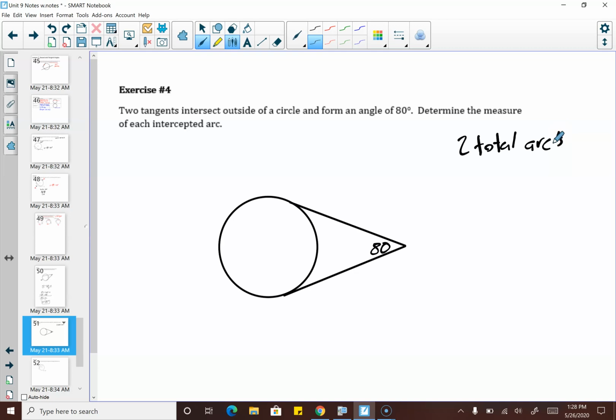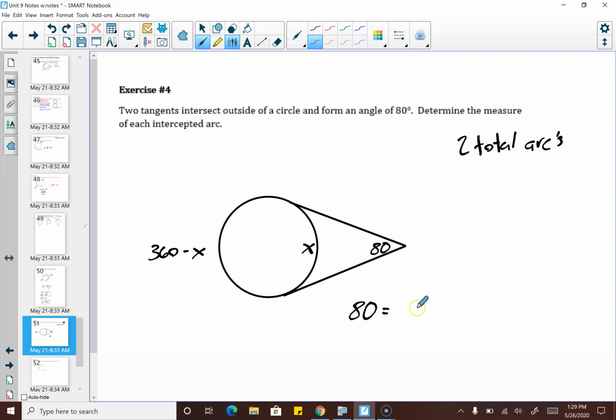So it's kind of up to you how you work with this. If I were you, what makes this a lot easier is I always call my smaller arc x, and then if there's only one arc left, the other one has to be 360 minus x. All right, because a circle has 360 degrees, so it's always 360 minus whatever that other arc is. So we're going to set up our same thing.